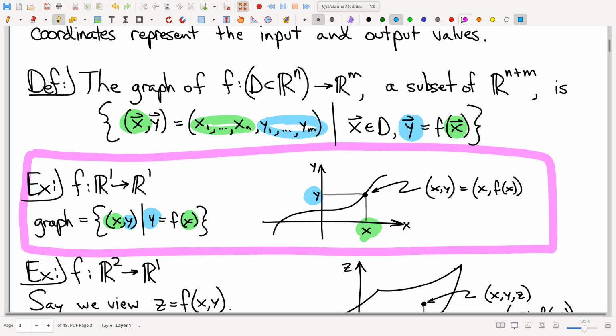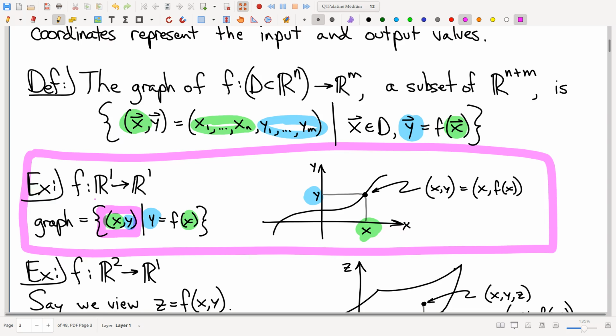And then we're going to do this weird thing where we take this strange list, where we have both inputs and outputs in the same ordered pair. That's weird. X is from the domain. Y is not from the domain. Y is from this totally separate world over here, the target.